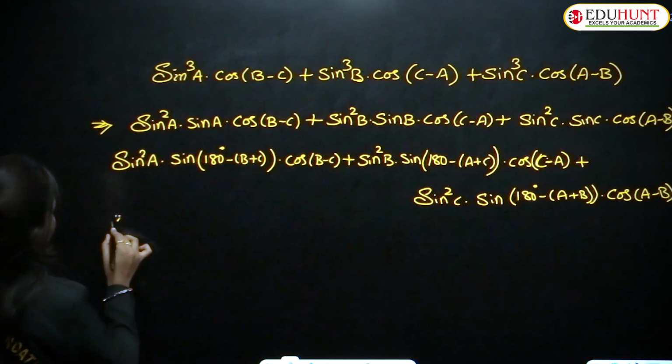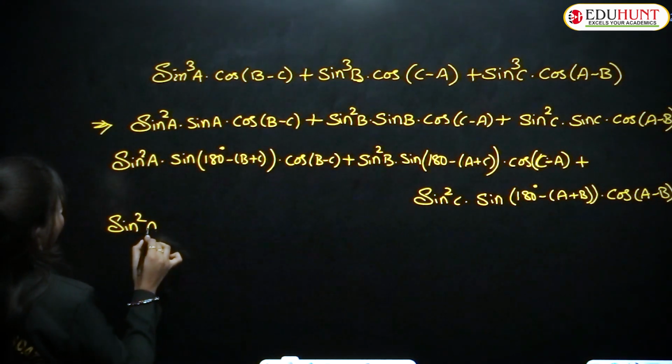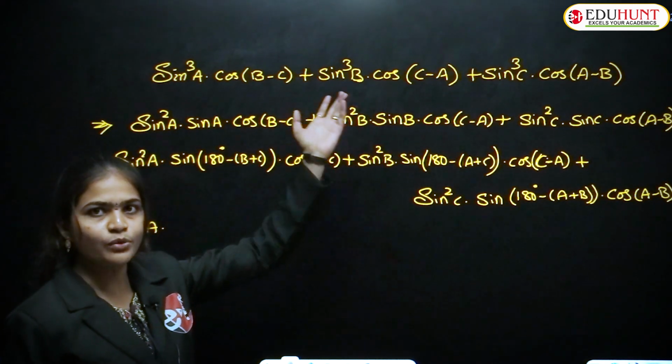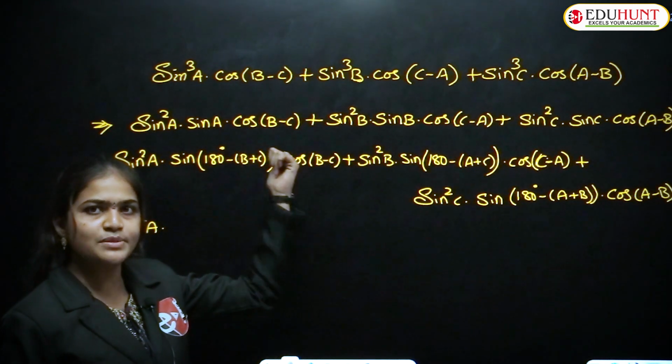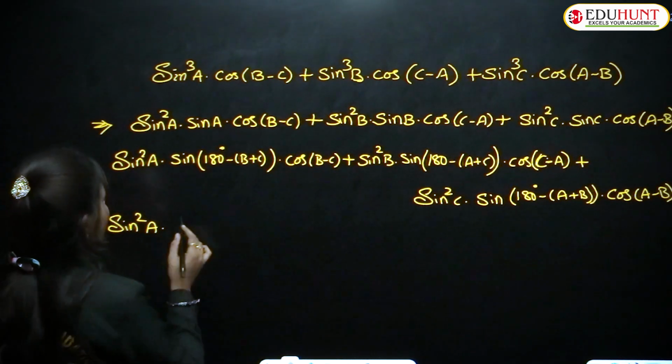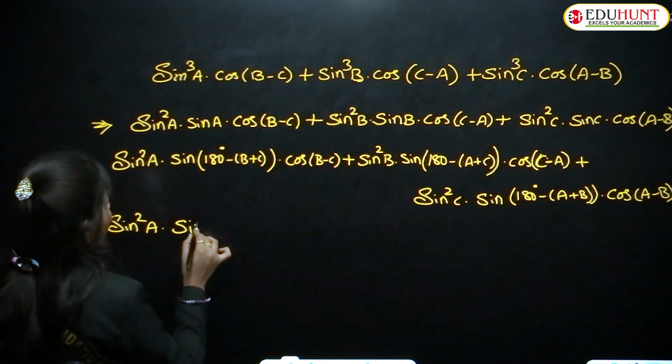Now sin square A into sin of 180 minus theta. 180 minus theta means second quadrant, and here an even multiple is there, that's why there is no change in the sign. So sin of 180 minus theta is equal to sin theta.